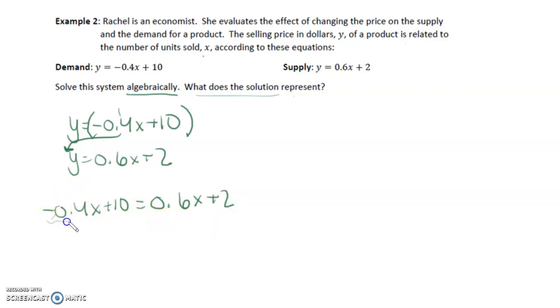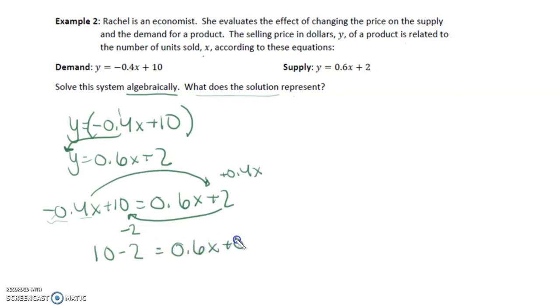Okay, let's take this negative 0.4x, bring it on this side. It becomes positive 0.4x. Let's take this 2 and bring it on this side. It becomes negative 2. So we get 10 minus 2 equals 0.6x plus 0.4x. So we get 8 equals x.